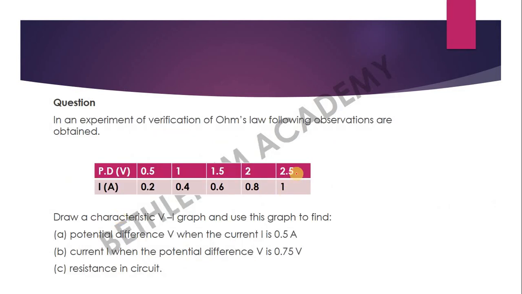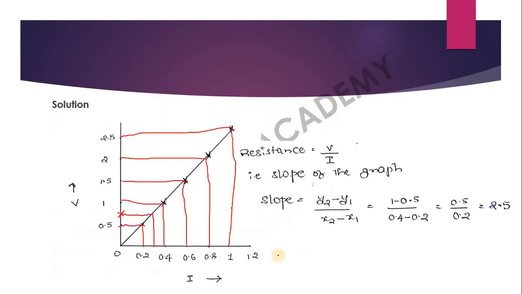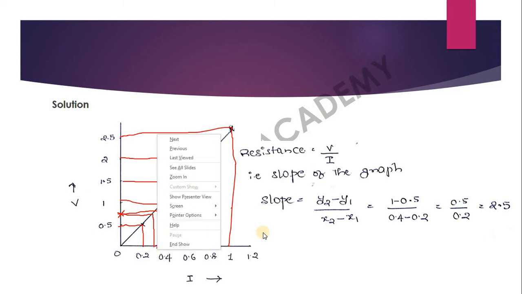Similarly, what is the current when the potential difference is 0.75 volts? Take 0.75 volts of potential difference, draw a straight line from here and drop a vertical line onto the x-axis. This would be the current that corresponds to this value.